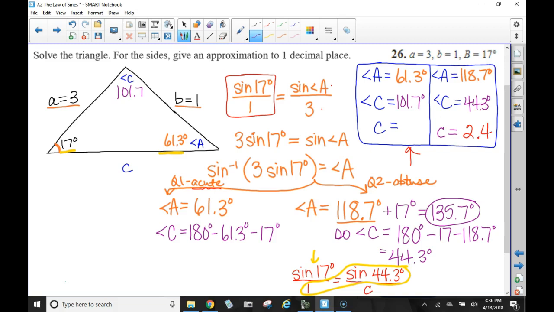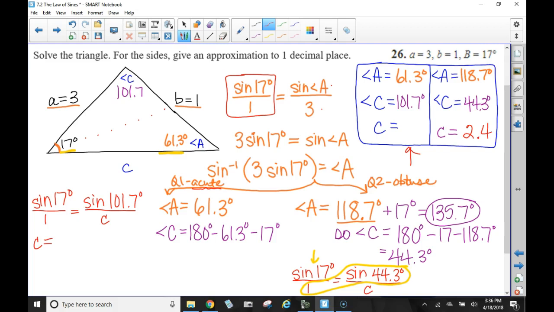And now I need to find side C for my triangle. Okay? That's going to be a law of sines. So I'm going to again say the sine of 17 degrees is to its side opposite 1, as the sine of angle C, right now angle C is 101.7 degrees, is to side C. So to solve for C, cross multiply and divide.